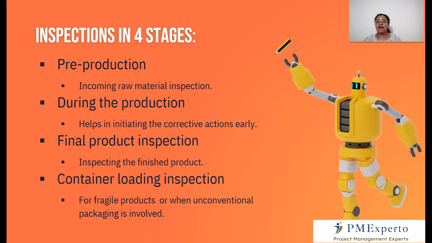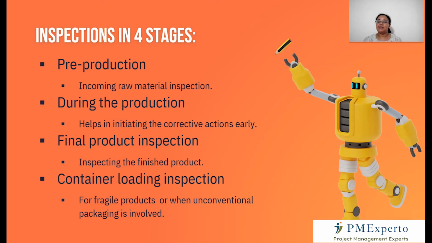Whereas what we carry out during the production, while the assembly is happening or while the product is being built, there may be inspections carried out. Now these can be carried out even for intermittently assembled components. Whereas final product inspection, many a time, can also be based on random sampling.